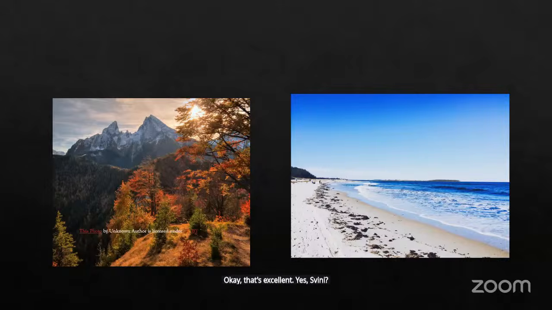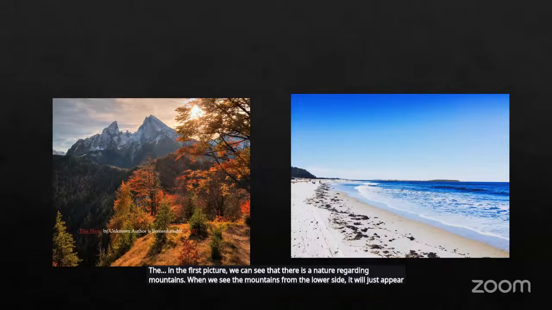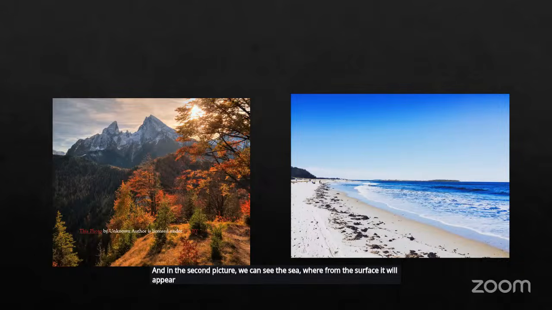Yashaswini. In the first picture, we can see nature in the form of mountains. When we see the mountains from the lower side, they appear as a higher peak. When we reach the peak, we see the depth of these mountains. In the second picture, we can see the sea, which from the surface appears flat, and when we dive into the sea, it is very much deeper.